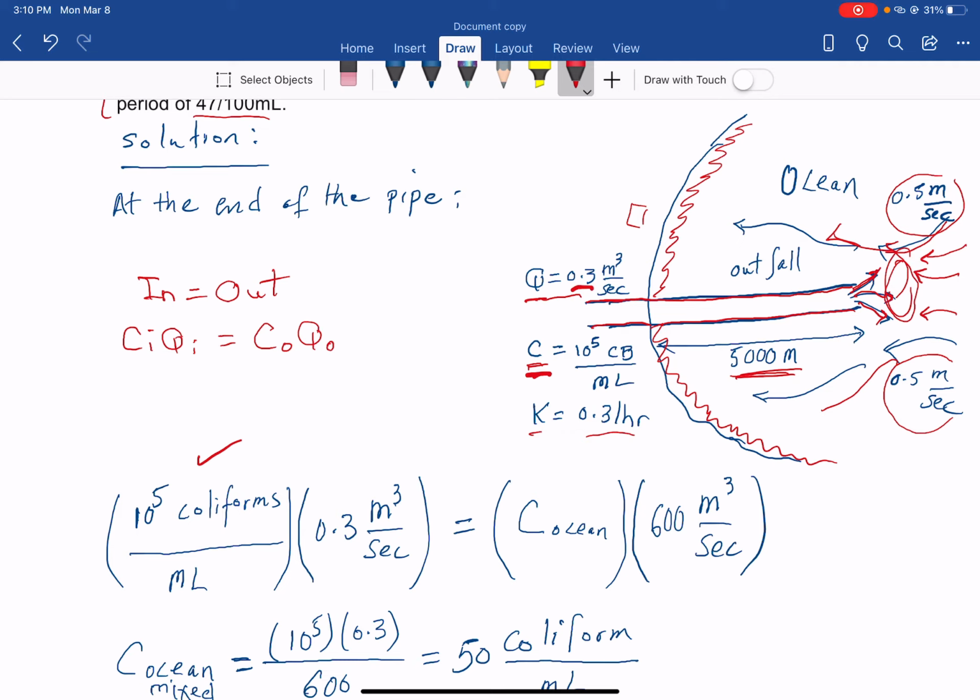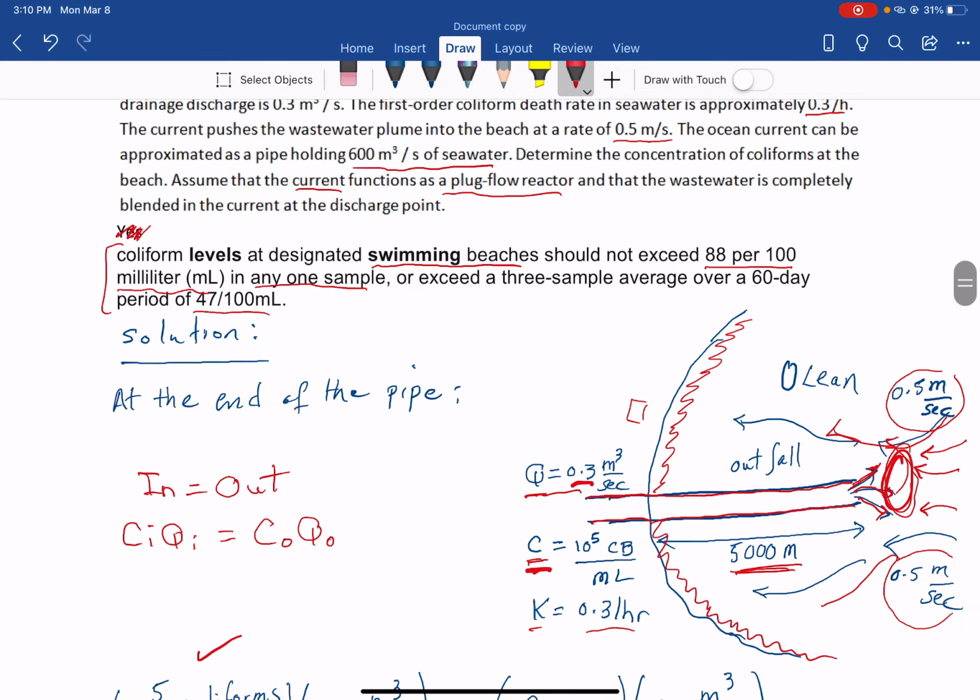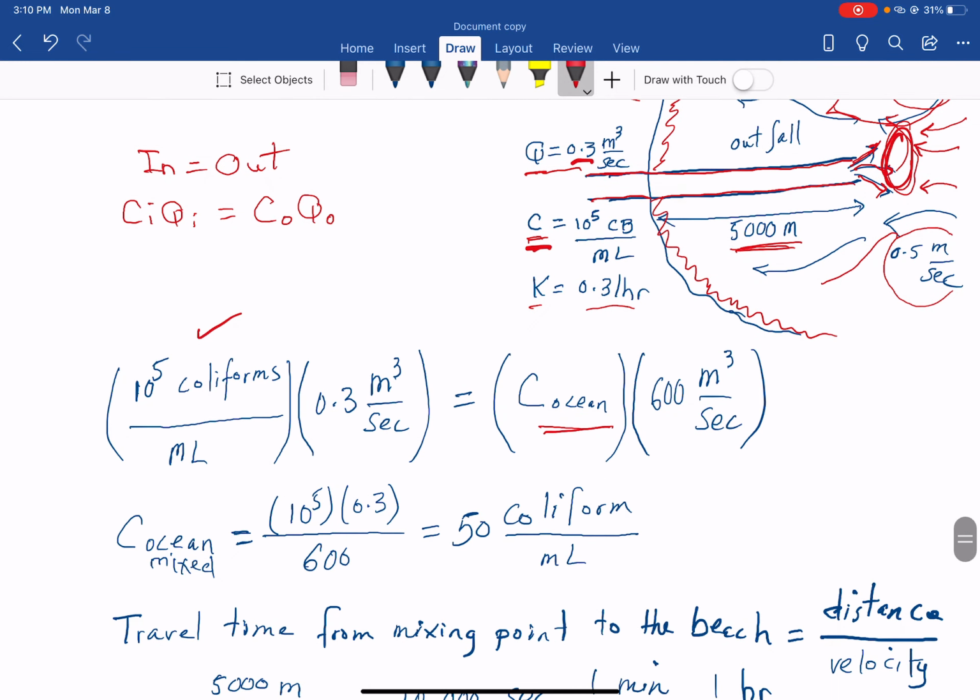right hand side. And here, the concentration of the mixed ocean is unknown times the flow rate, and he mentioned that the flow rate was around, assuming, 600 meter cubed per second, like a pipe holding 600 meter cubed per second.